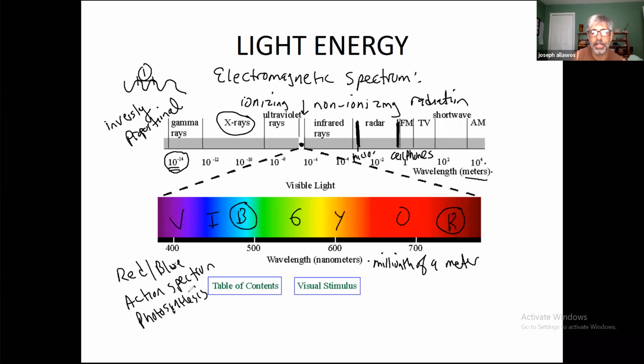What we mean by that is these are the wavelengths of light that drive the process. They cause the action of photosynthesis. Without red and blue, photosynthesis is not going to occur. You might think green because the leaf is green, but we're going to talk about pigments next, and we'll see why that's not the case.